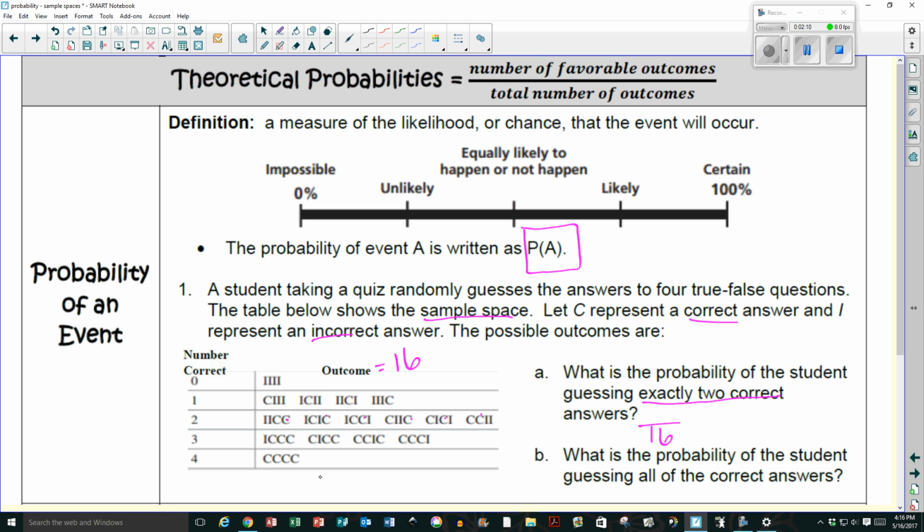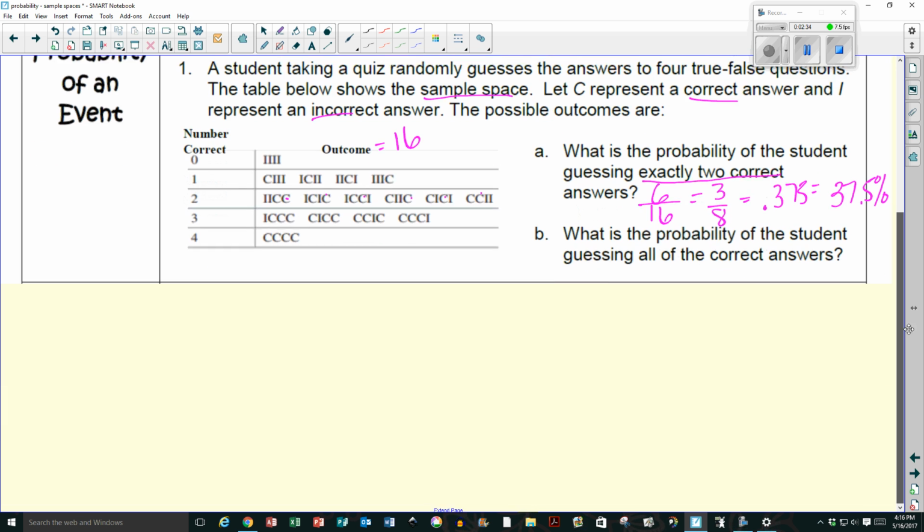That's exactly 2. So 1, 2, 3, 4, 5, 6. So 6 out of 16, which does reduce to 3/8, which becomes 0.375 or 37.5%. So there's about a 37.5% chance of the student making a 50 by simply guessing.